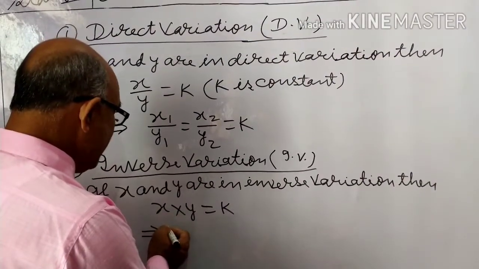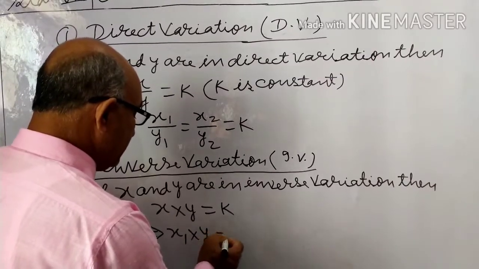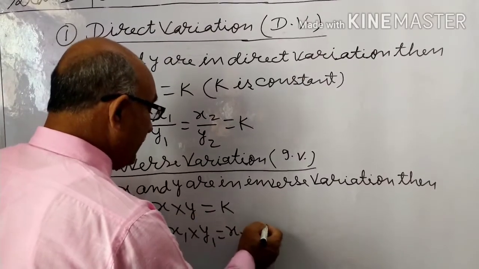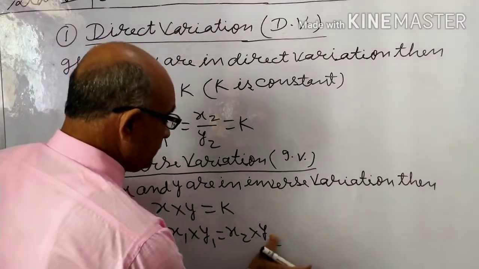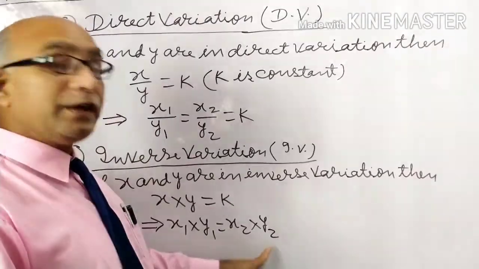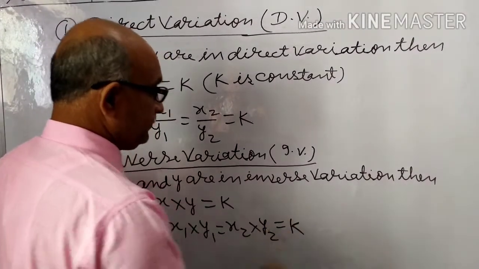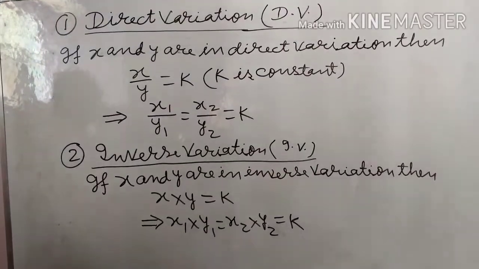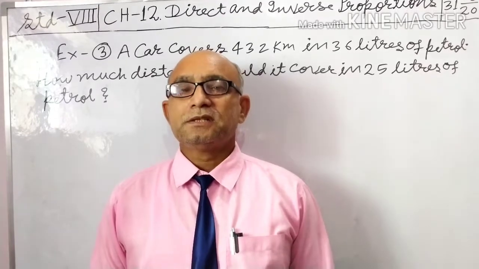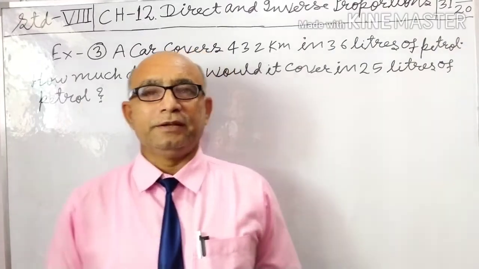That implies if x changes into x1 and y changes into y1, again x changes into x2 and y changes into y2, so x1 into y1 equals x2 into y2 equals the constant also. Understand and write it.